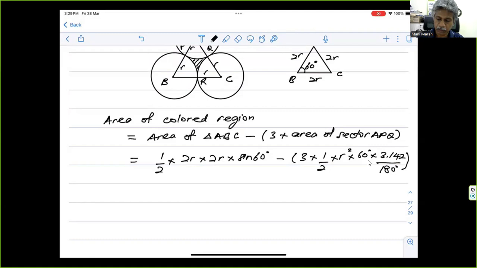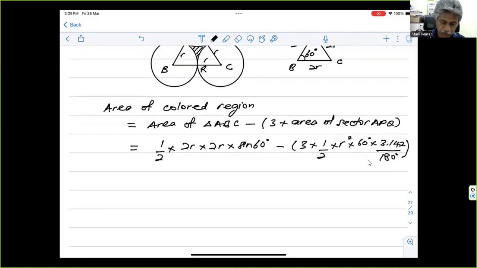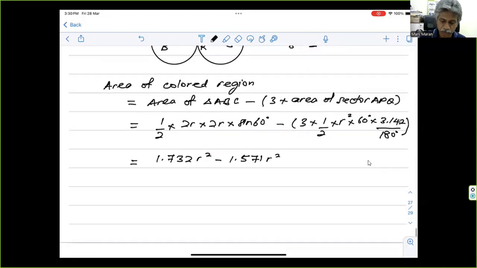If you work it out, the front part will give you 1.732 R square, and the back part will give you 1.571 R square. You can use your calculator to work out the value. So this is equal to 0.161 R square.